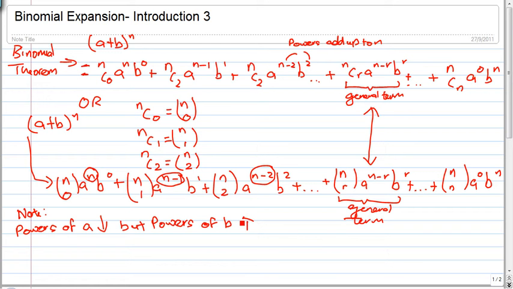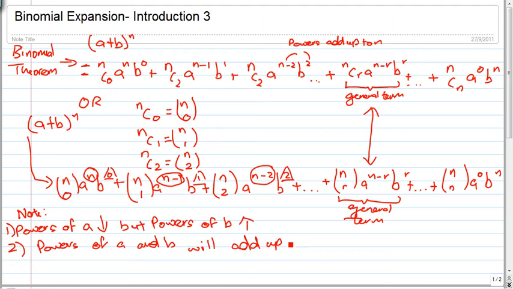The powers of b are in ascending order. If you look here, 0, 1, 2, and so on and so forth. That's one point to note. The other point to note is that the powers of a and b add up to n, which is the power of the binomial.